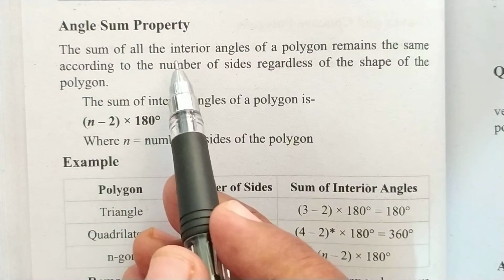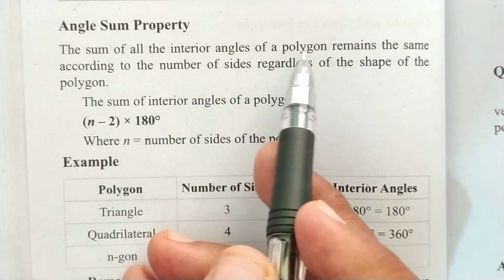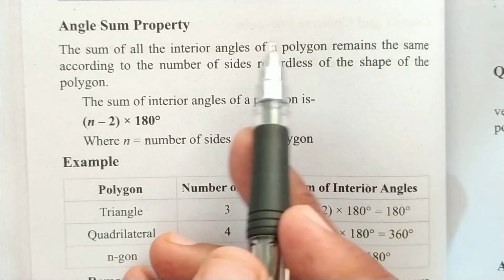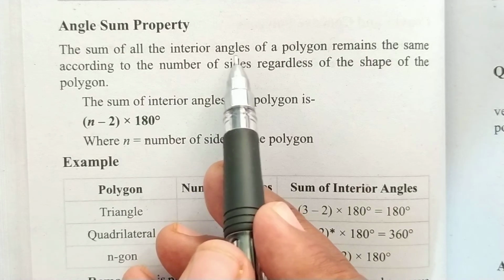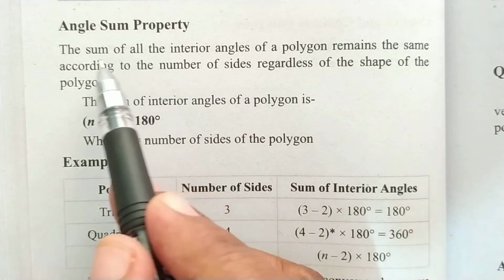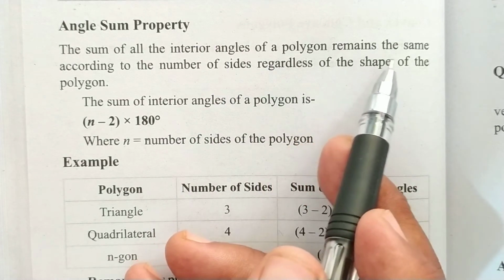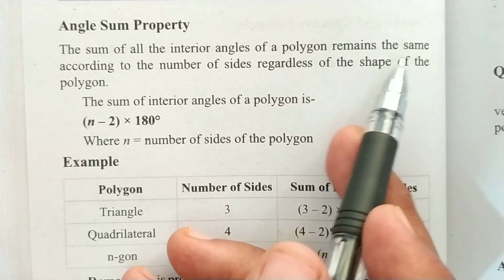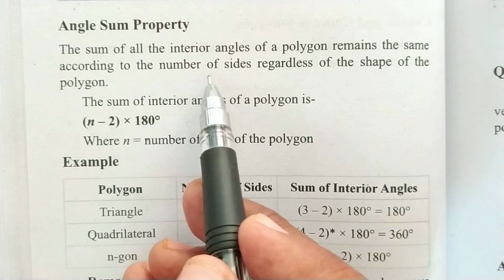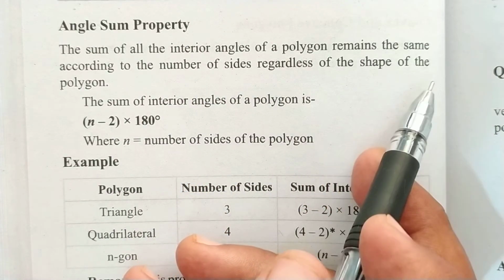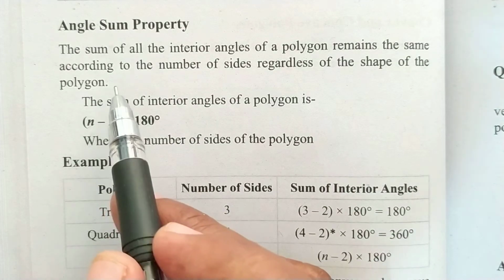Sum means add. The sum of all the interior angles of a polygon remains the same according to the number of sides regardless of the shape of the polygon.